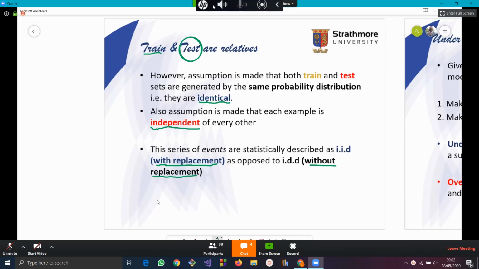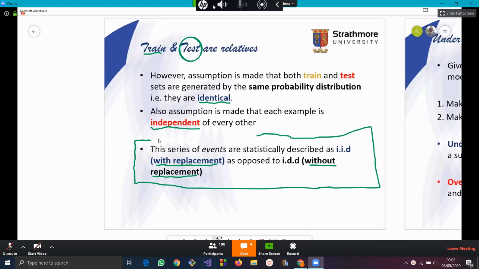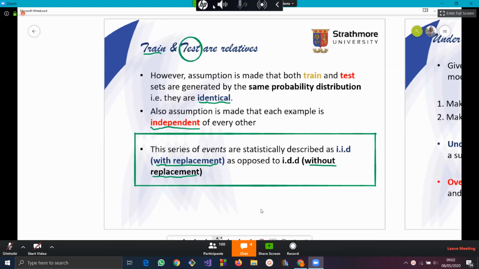That is independent. But when you're picking without replacement, then the story changes. You don't have to cram all this, but you just have to know that for us to make the above assumptions, these ones must hold.